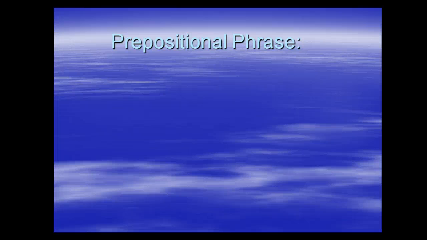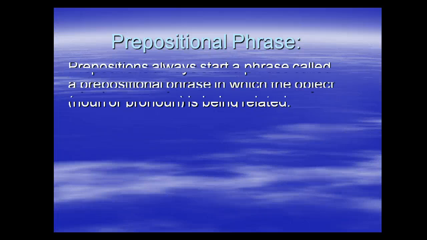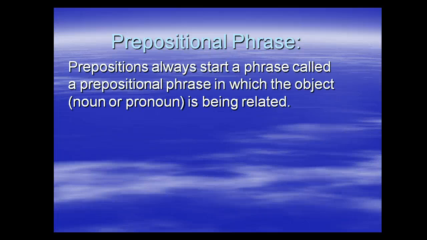So before we do that, let's look at prepositional phrases, right? Because every preposition is going to have a prepositional phrase. Okay, so prepositions always set up a phrase called a prepositional phrase, in which the object, a noun or pronoun, is being related. Now, we have already seen objects. Right? Last week we had direct objects and indirect objects. Okay?